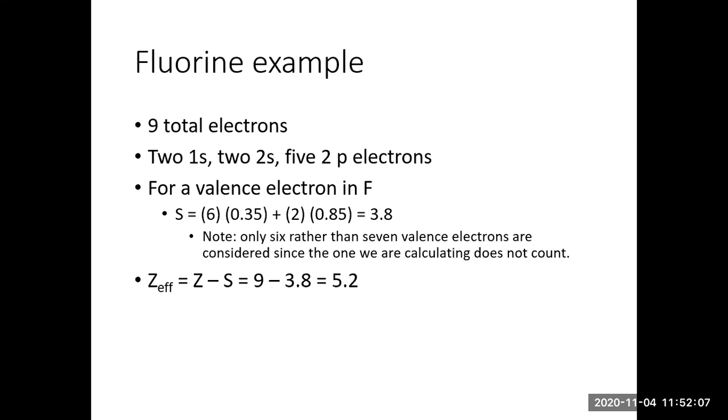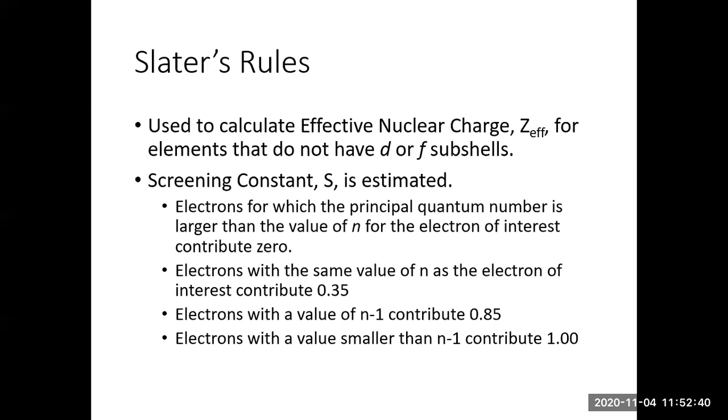Well, why are we using 6 instead of 7? That's because we don't count the electron that we're studying. So there are 7 electrons there, the 2s and the 5 2p, but we're not going to count the one that we're trying to calculate the shielding constant for. So that's why that's 6. And so those are the n equals 2 electrons. Then we have 2 1s electrons. Going back, we said electrons with a value of n minus 1 contribute 0.85.